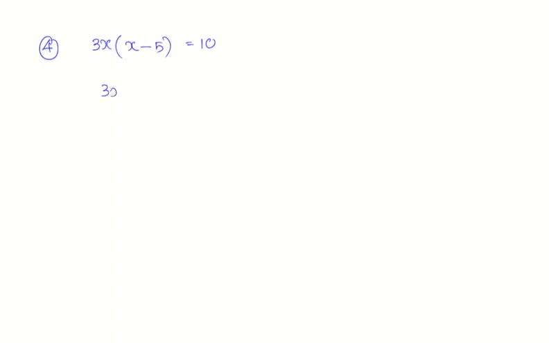So it's 3x squared minus 15x minus 10 equals 0. Then everything divided by 3, or you factorize the 3 out. Left divided by 3, right divided by 3, you have x squared minus 5x minus 10 over 3 equals 0.